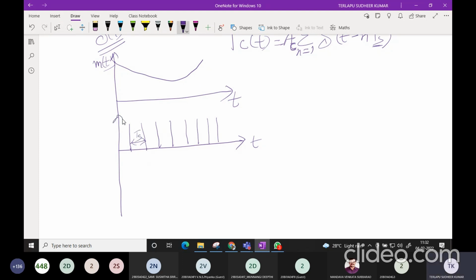This is my C of t. Keep in mind the width of the impulse is delta t, or simply dt, and delta t is very, very minimum.